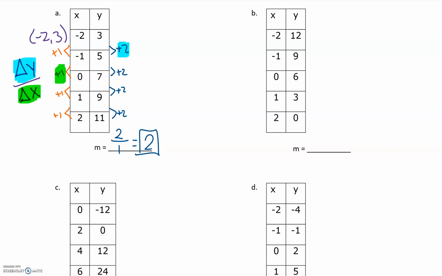Okay. So we can do the same thing on the next one. Okay, so if you remember, I said this side over here is the change in y, because it's our y list. This side over here was our change in x. Okay, so first we want the left, it doesn't matter which one we find, these are all +1.